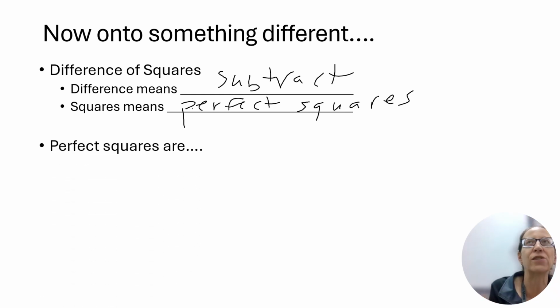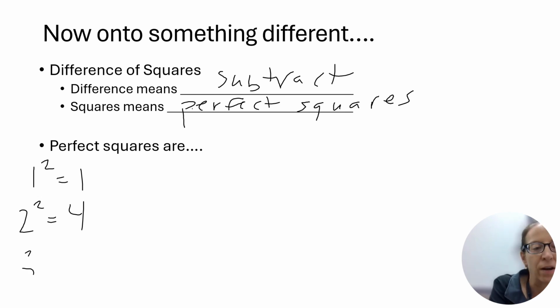Well, perfect squares are something times itself, like an integer times itself. So for example, 1 squared is 1, so 1 is a perfect square. 2 squared is 4, so 4 is a perfect square. We could do 3 squared is 9, 4 squared is 16, and you could keep going like that.